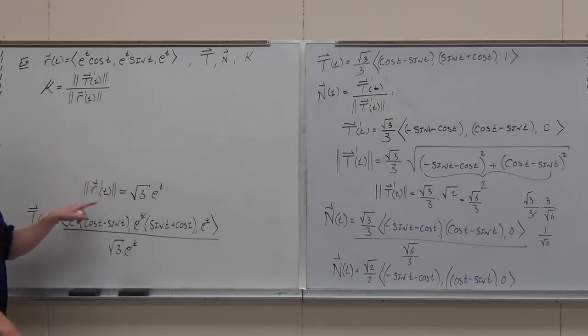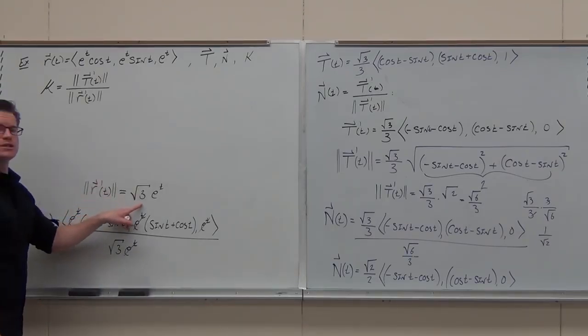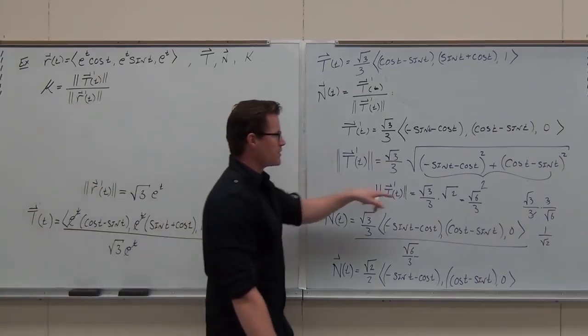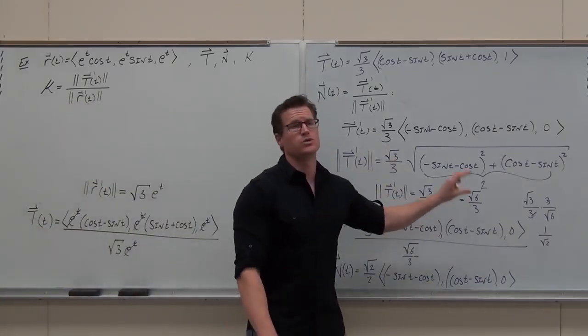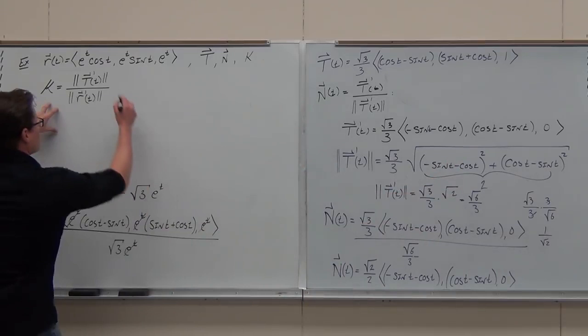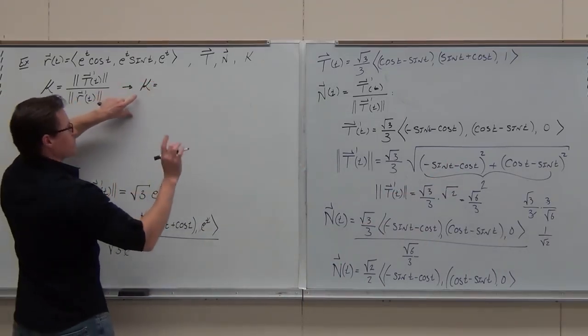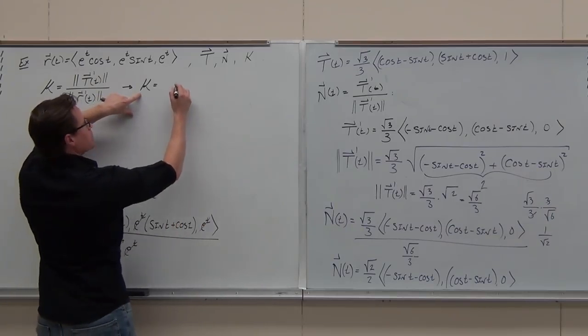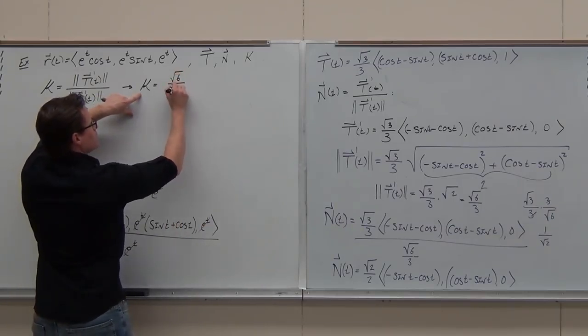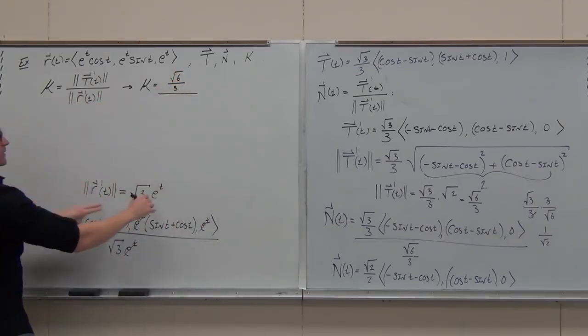The magnitude of the derivative of the vector function, this is always your denominator. And the next magnitude that you find is always your numerator. So here we go. Curvature is that guy divided by this guy.